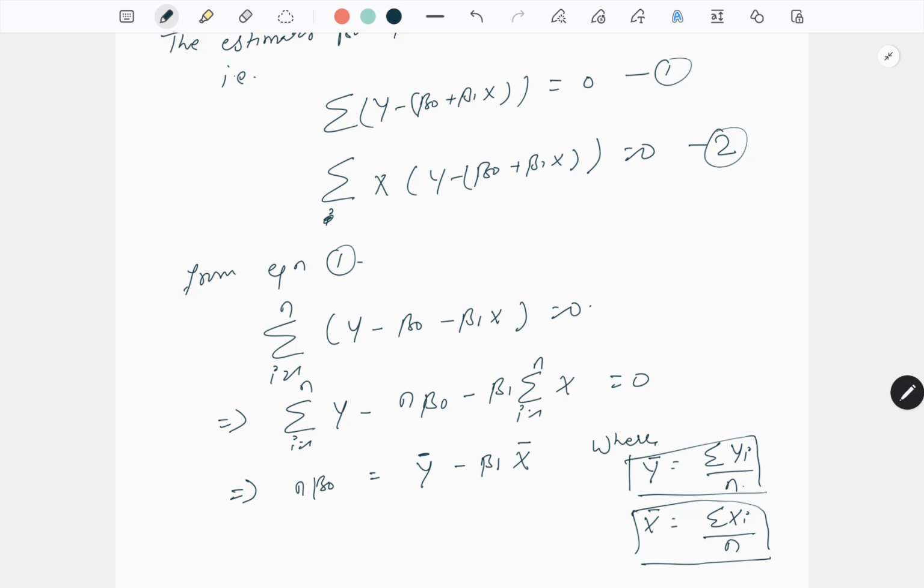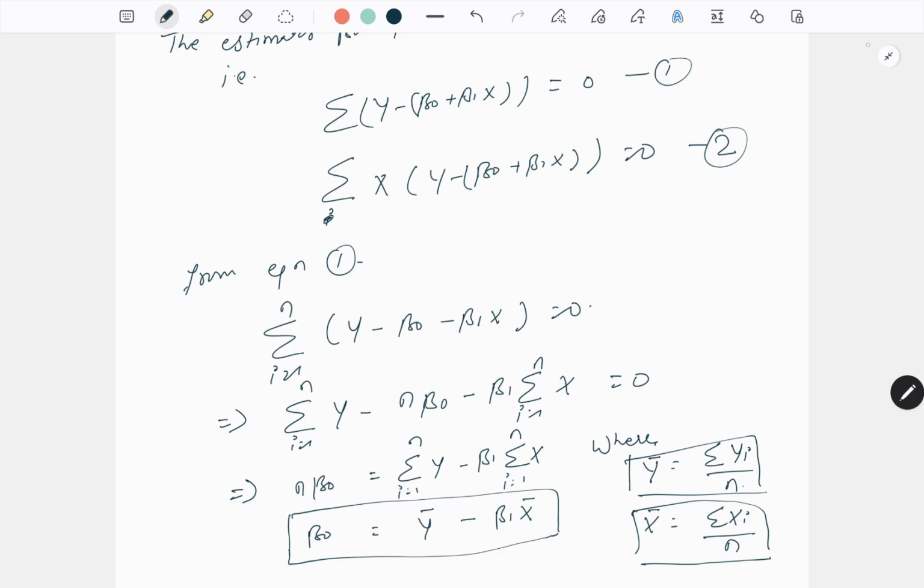We have sigma of y_i from i equal to 1 to n minus beta 1 sigma of x_i from i equal to 1 to n, and you bring the n down, so we get sigma of y by n, which is y bar, the mean of y, minus beta 1 times x mean. This is how we get the value of beta naught.